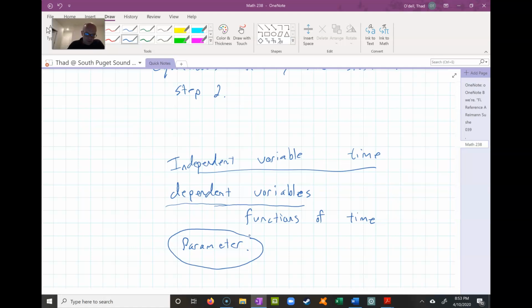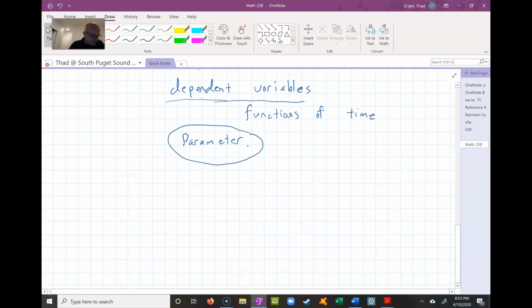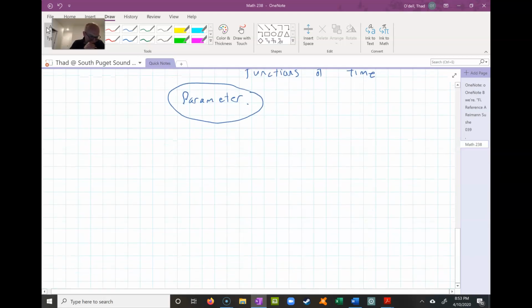Okay, so then in step 3, because we're going to be modeling differential equations, our goal is to describe the behavior of the dependent variable as the independent variable changes. That's basically what step 3 is about. We're going to do that, of course, by writing an equation. And in this case, because it's the differential equation class, they're going to involve derivatives.